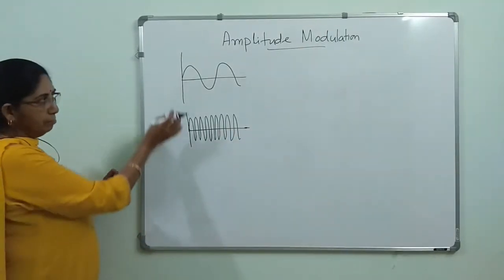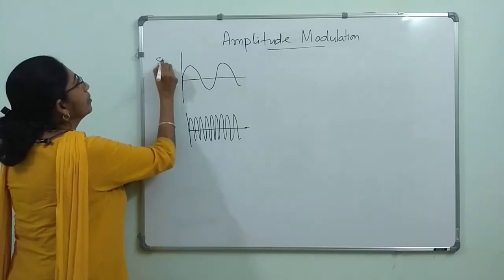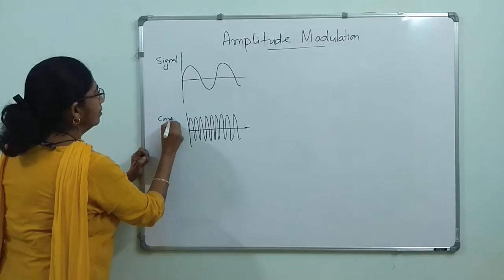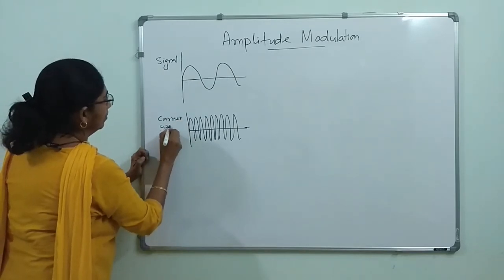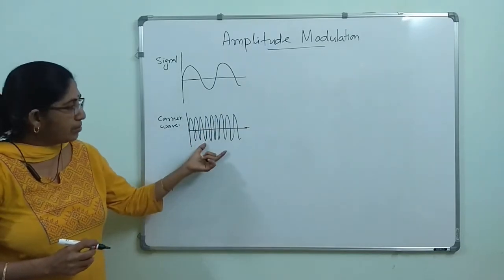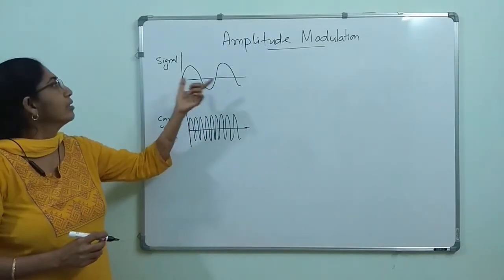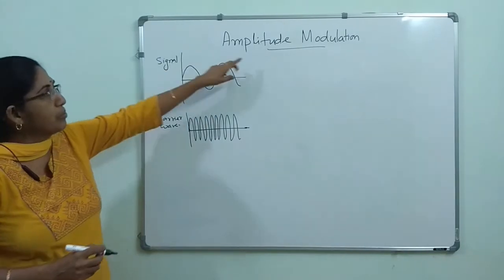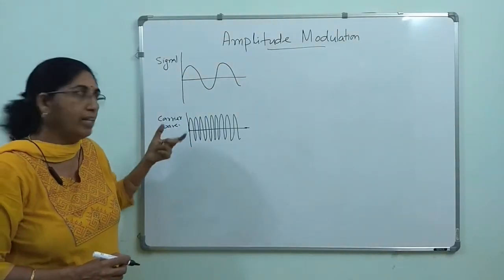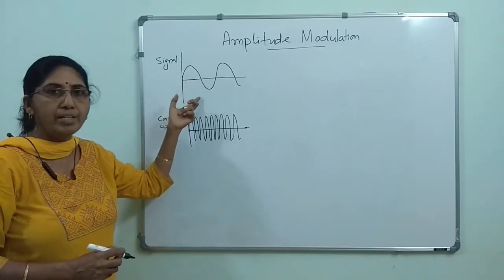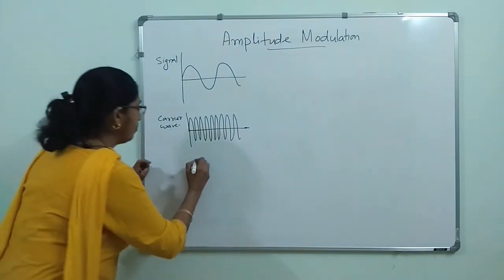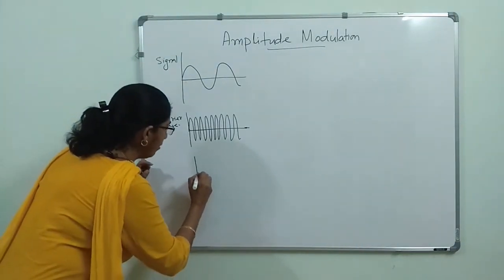Now, when you modulate this carrier wave with the signal using amplitude modulation, that means the amplitude of the carrier wave is going to change according to the signal. So what happens is the modulated wave will look like this.